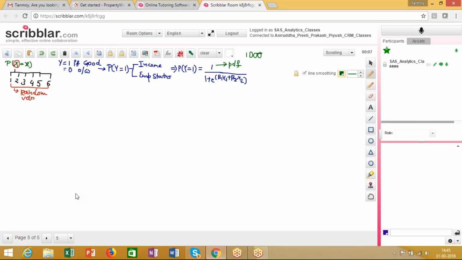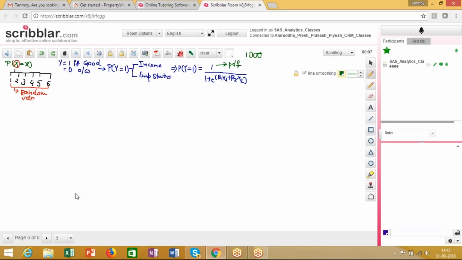So when I want to find out the probability of some number of outcomes, that is where the dependent variable, or the outcome variable, becomes discrete in nature. And when I want to express this in a mathematical framework, what I end up getting is the concept of a probability mass function.